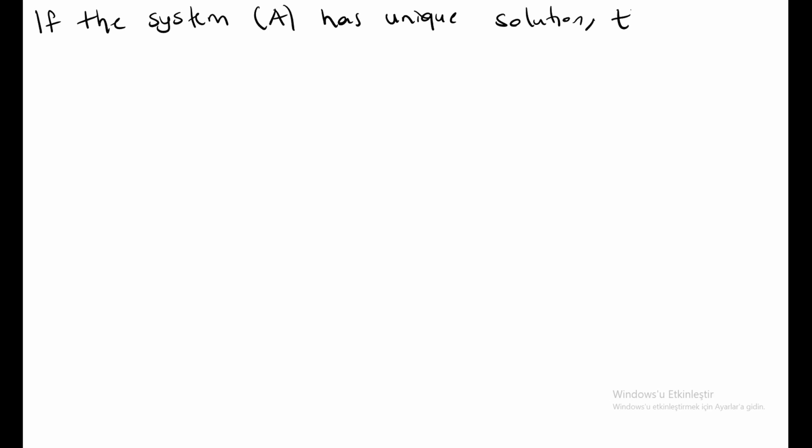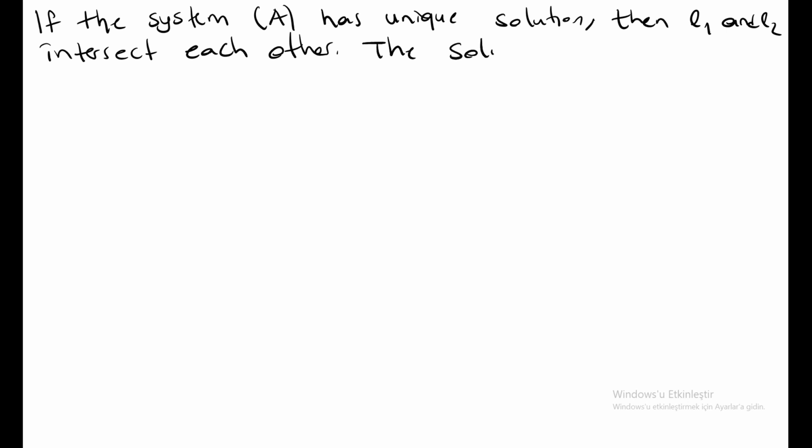So if the system A has a unique solution, then L1 and L2 intersect each other, and the solution gives the intersection point.